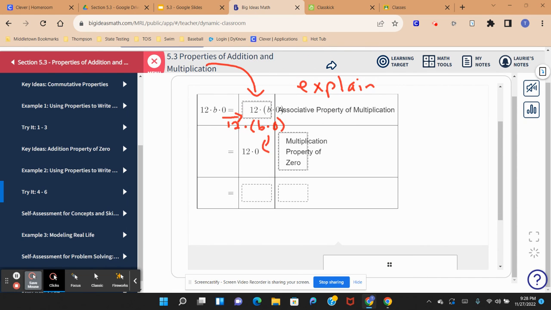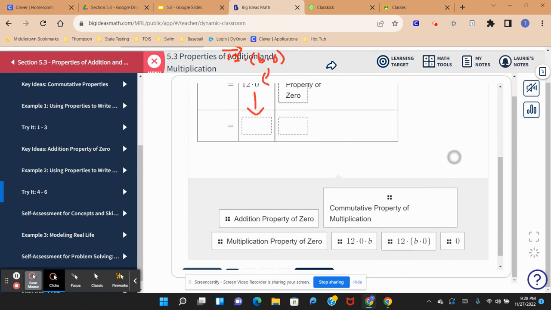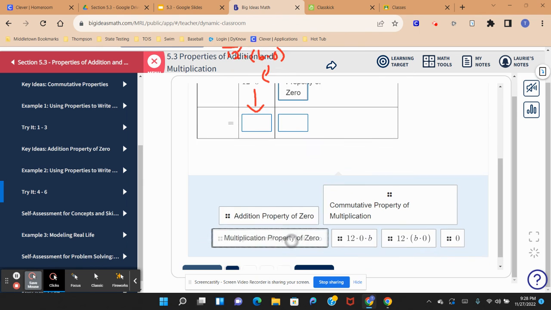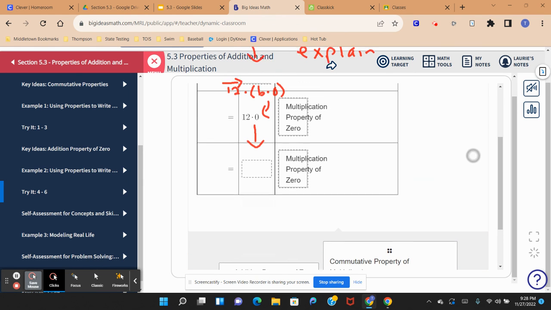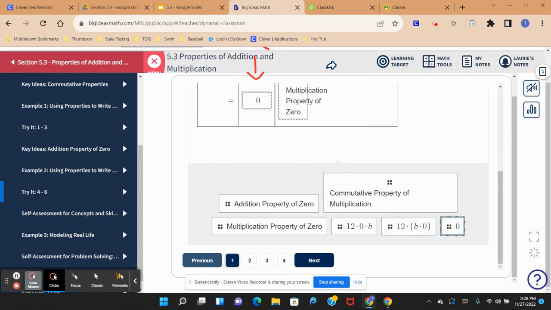Now we have one more step, going from this to this, simplifying. We're doing another 12 times 0. It's another multiplication because it's a multiplication sign, and I see a 0, so it's another multiplication property of 0. So 12 times 0 is going to be 0.